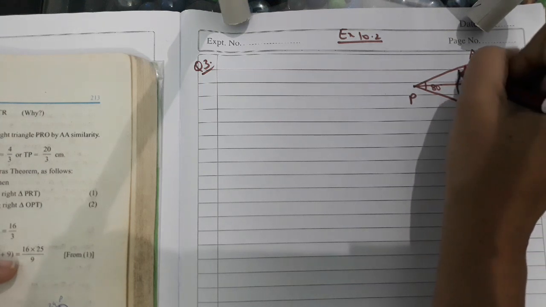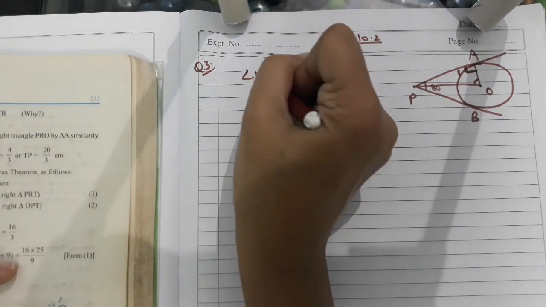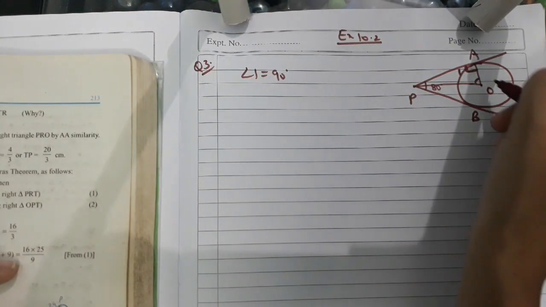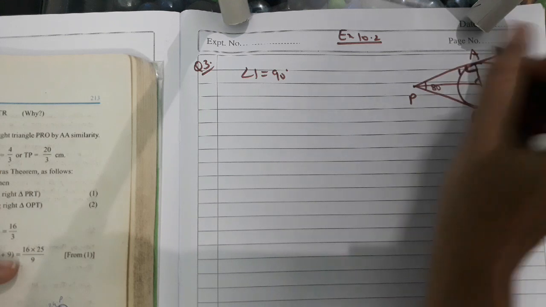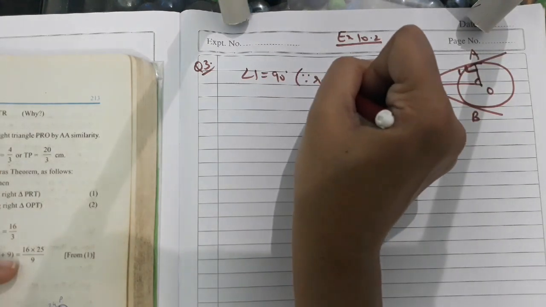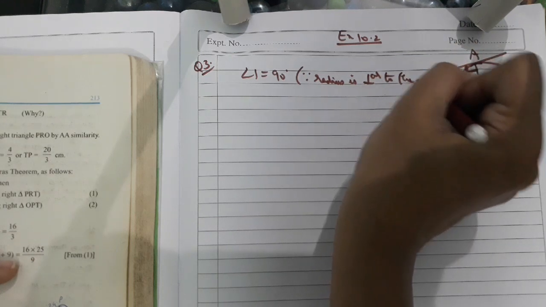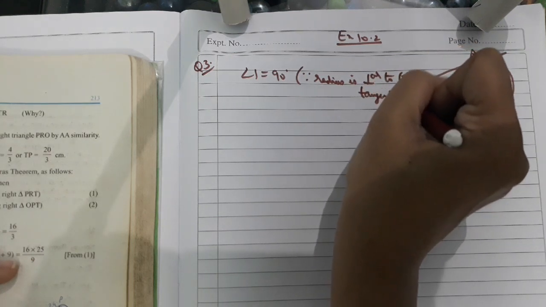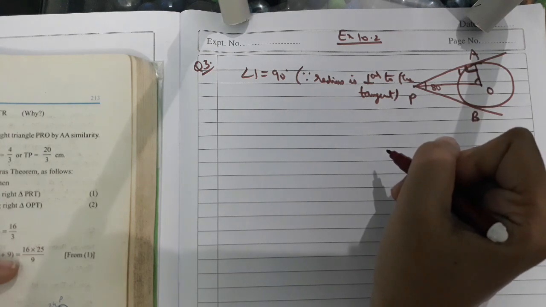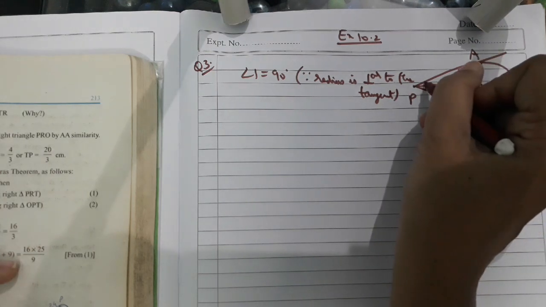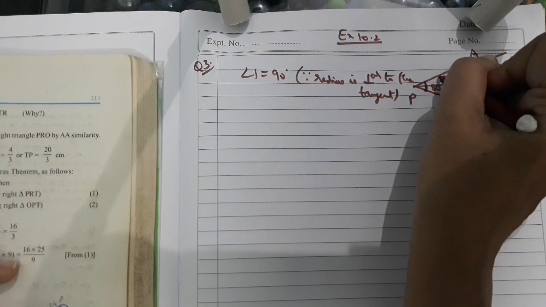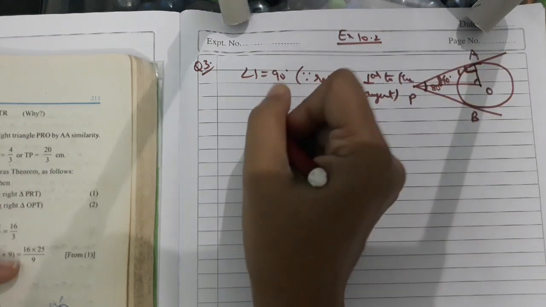Now we know that angle 1 is of measure 90 degrees because this is the radius and this is the tangent. So we know that the radius is perpendicular to the tangent. So that is why angle 1 is of measure 90 degrees. Now this total angle is 80 degrees. So this angle would be 40 degrees.